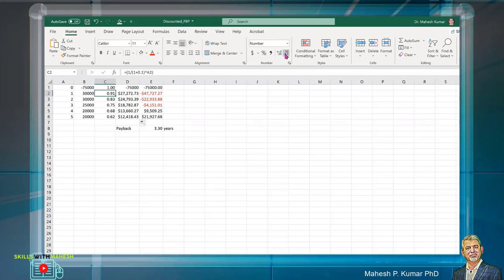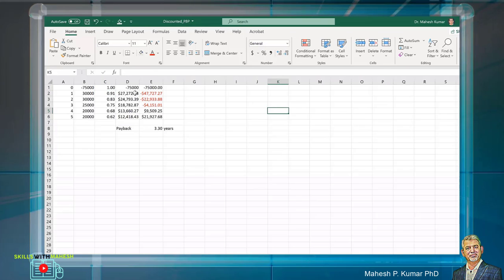If I increase the decimal places, it is actually 0.909, which is rounding to 0.91. And if I increase it one more time, it is 0.9091. So in Excel, you have the luxury to go accurate to any decimal places. That's what I like about it.